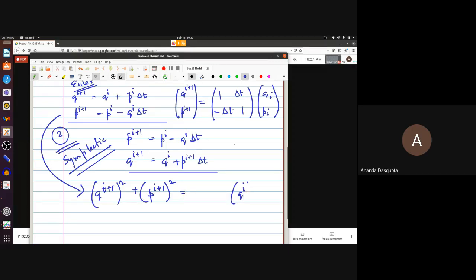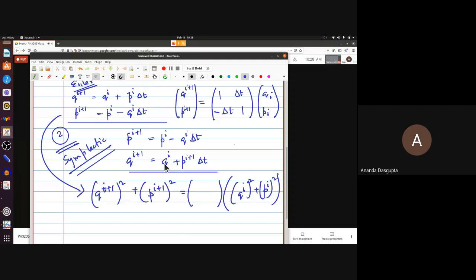What does this equation tell you? To square and add these two sides? Is it going to come out to be the same? Of course, you saw it doesn't come out to be the same.